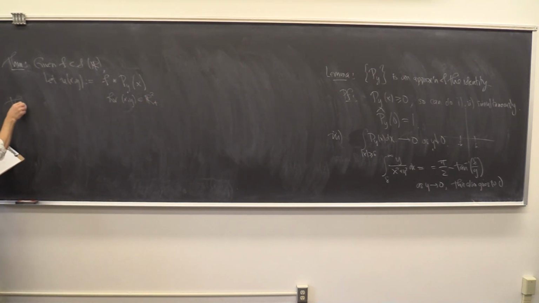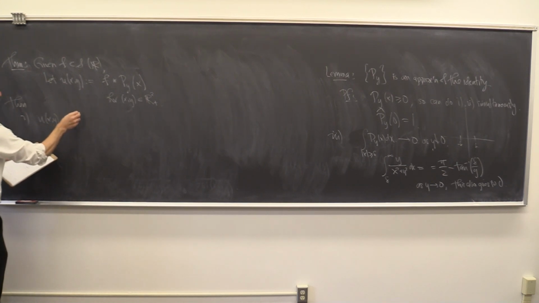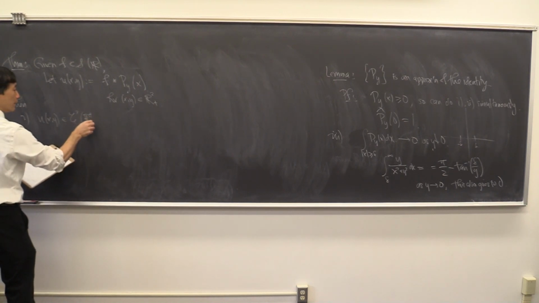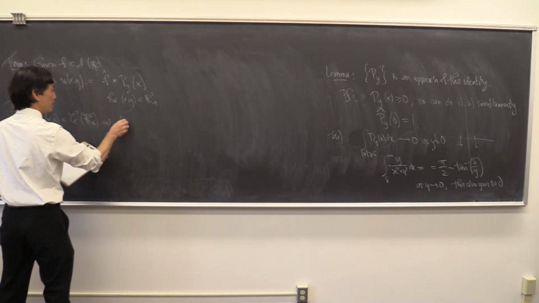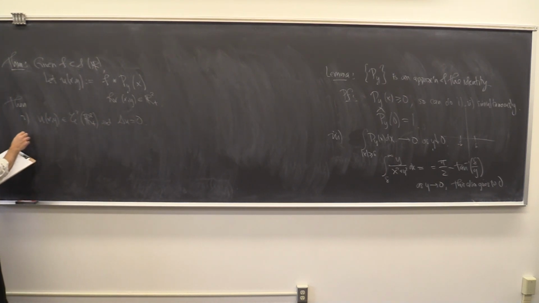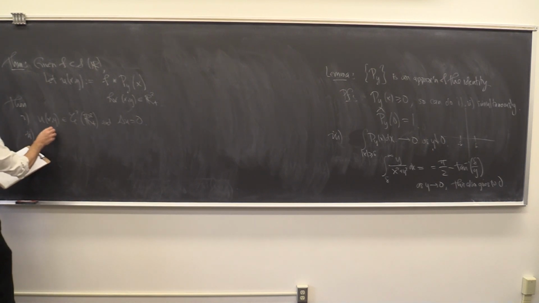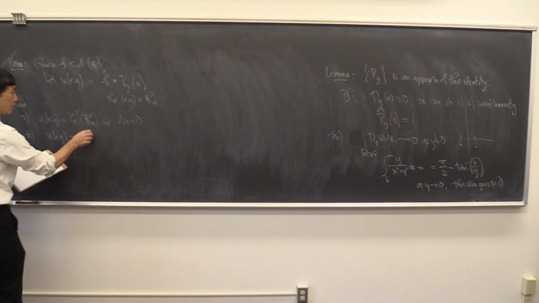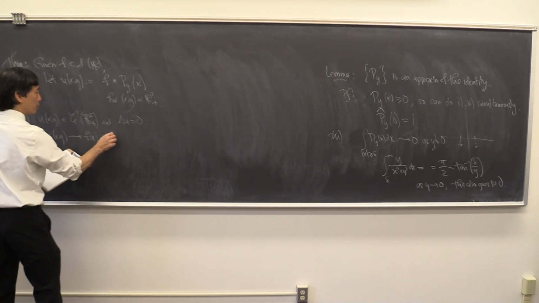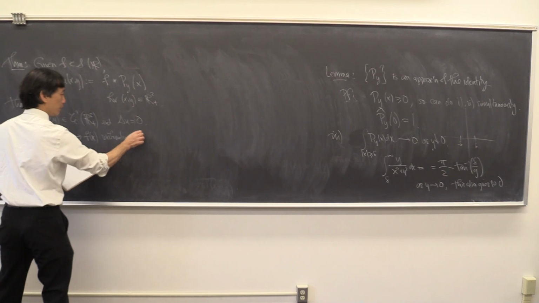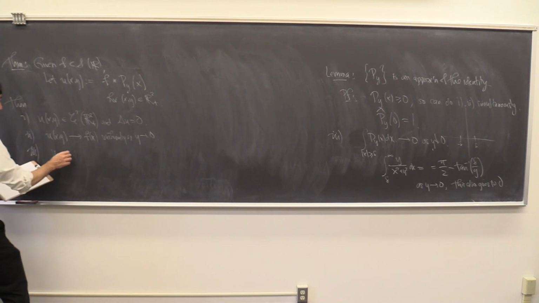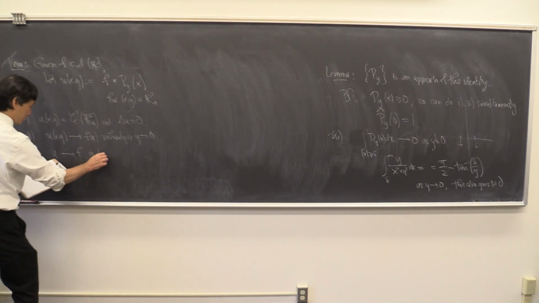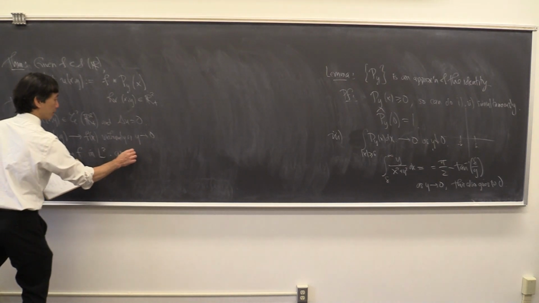Then 1, u is twice continuously differentiable in the upper half plane, and the Laplacian is 0. 2, u recovers f uniformly as y goes to 0. 3, u converges to f in L2 as y goes to 0.